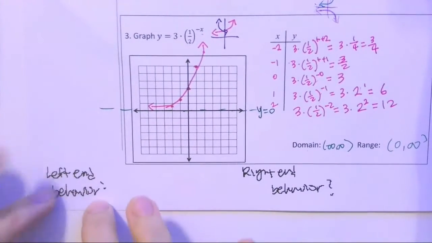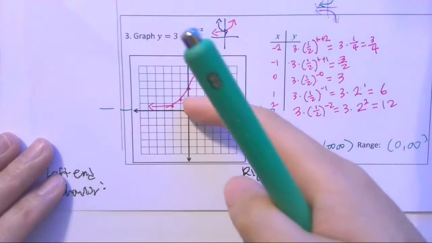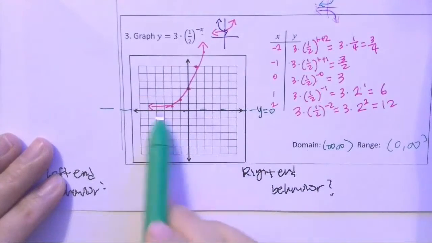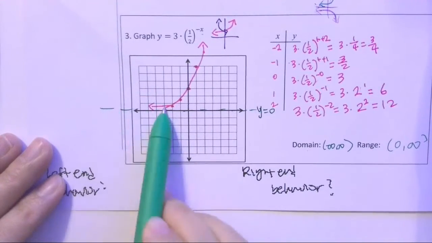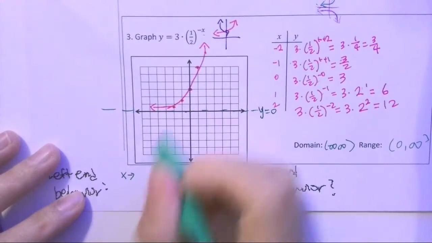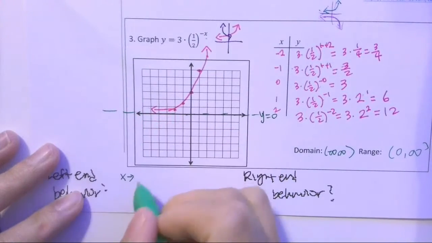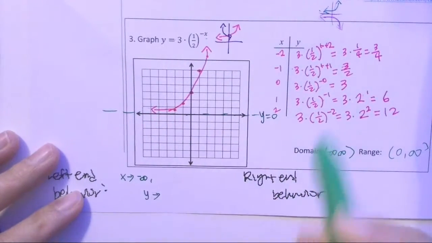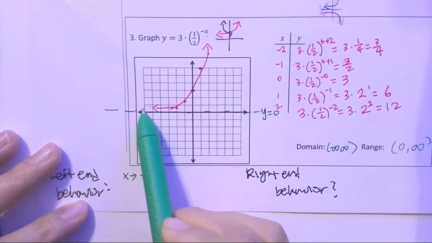Left-hand behavior, your Delta Math is going to ask some of that. Left-hand behavior is literally what is happening as you go to the left. What is happening to your x value as I go to the left? Your x is going to go to -infinity. And where is your y going?